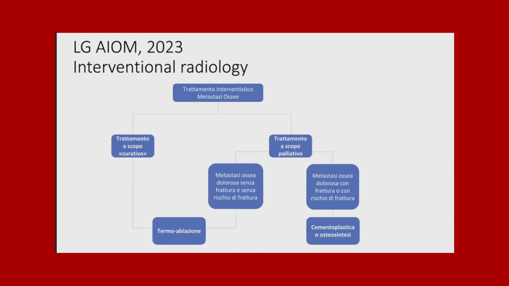This is the interventional radiology approach. I'm sorry, it's in Italian, but if the aim is curative, thermal ablation is the better choice. But if the aim is palliative, and the bone metastasis is painful but without fracture or impending fracture, the same thermal ablation could be an important choice.